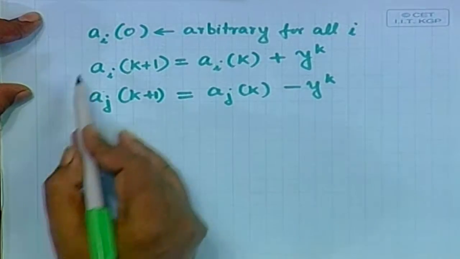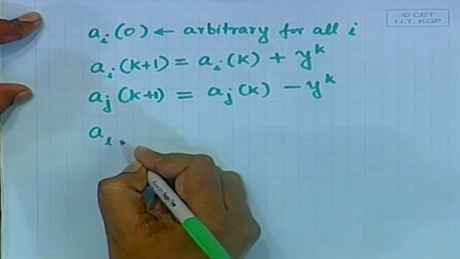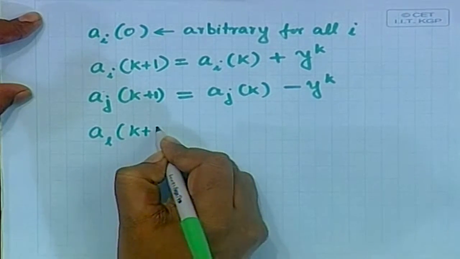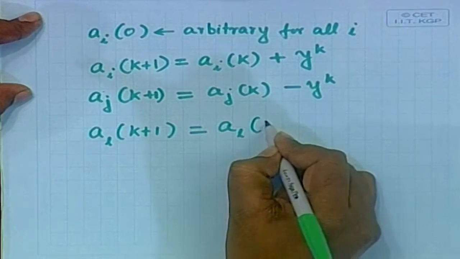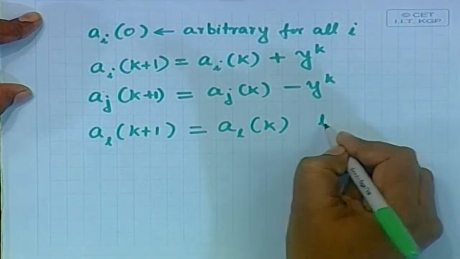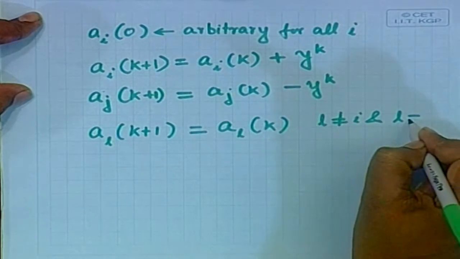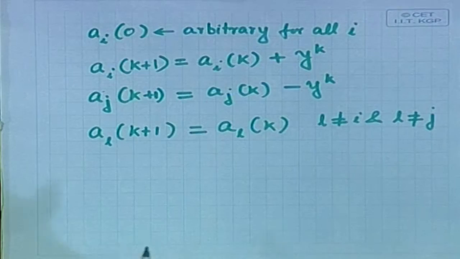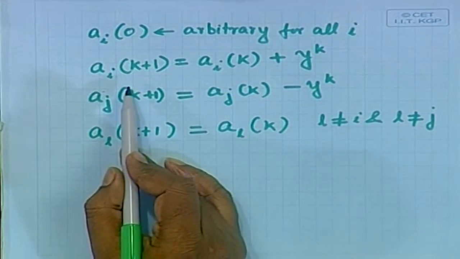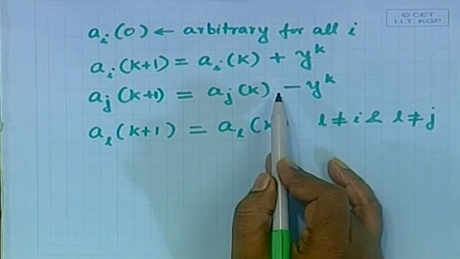And all other weight vectors will say that al(k+1) will remain as al(k), where l is not equal to i and l is not equal to j. So, only the ith weight vector and the jth weight vector, these two we are modifying.